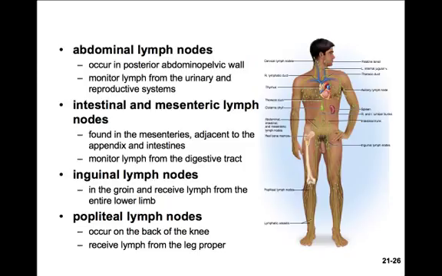They occur in the posterior abdominopelvic wall. They monitor lymph from the urinary and reproductive systems. We'll see mesenteric and intestinal lymph nodes. They're found on the mesenteries that support all of the intestines and adjacent to the appendix. They monitor lymph from the digestive tract.